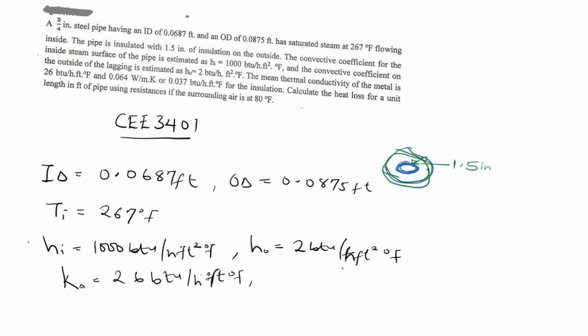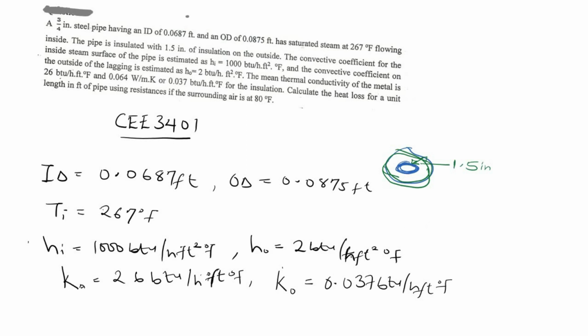And for the insulation, since the insulation is the outer, I can say K naught is given as 0.037 BTU per hour feet degrees Fahrenheit. We are told to calculate the heat loss for a unit length.